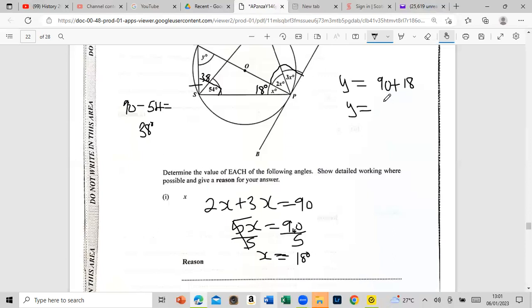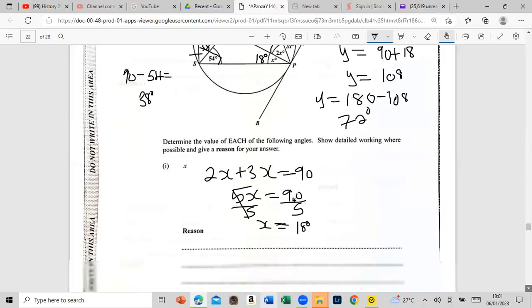So that's our 108. That means y is equal to 180 minus 108, which works out to 72. So y should be 72 degrees, because remember, angles in a triangle add up to 180 degrees. So right here it would be 72. They didn't ask for y, but we know once I mark it, they're going to ask further down.